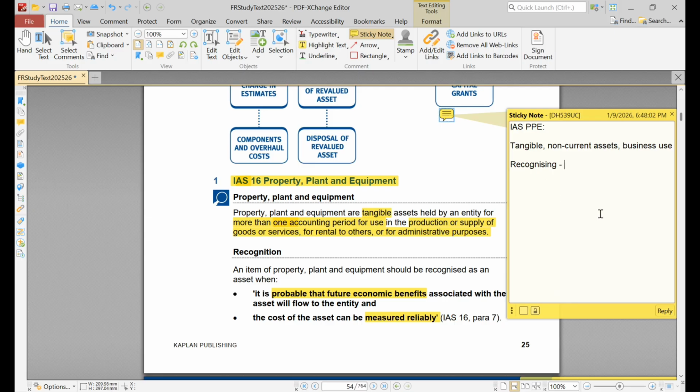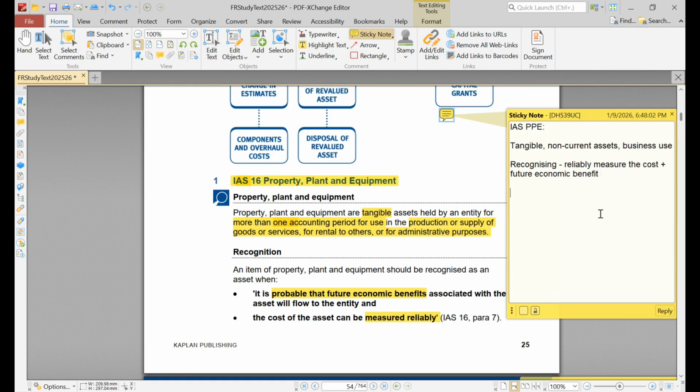It is that you have to reliably measure the cost and you should have some future economic benefit. I'm writing it roughly, not exact terminologies.